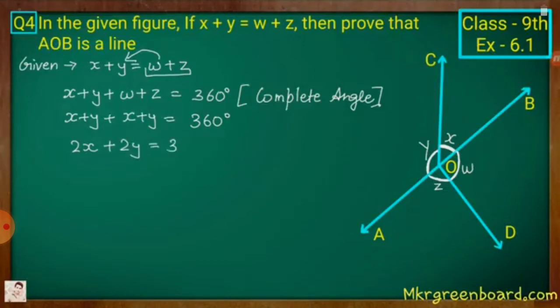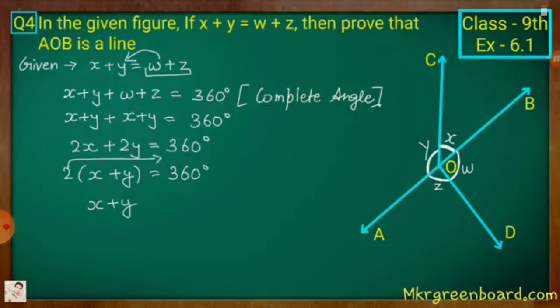Now 2x plus 2y, 2 is common. So 2 we should take outside. Outside means common. 2 times x plus y equals 360. 2 here is multiplication, so it goes to that side as division. x plus y equals 360 by 2.